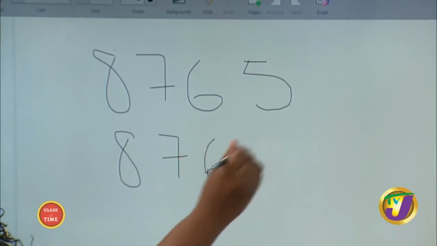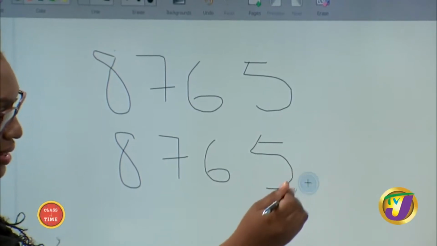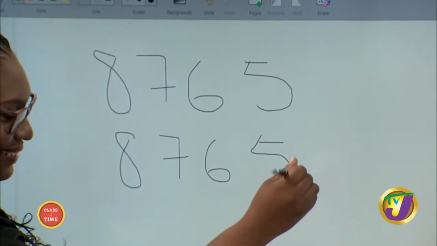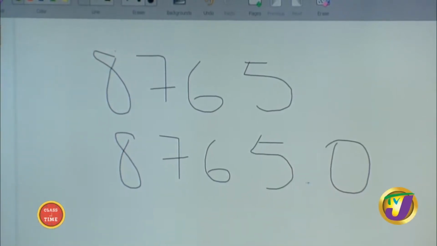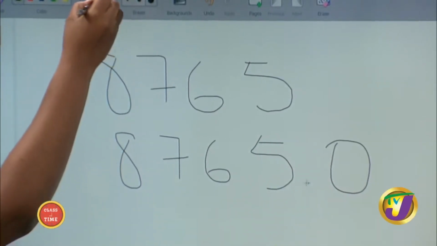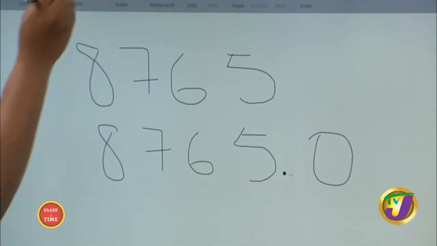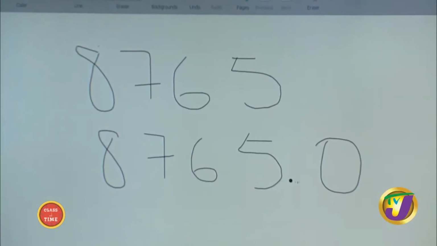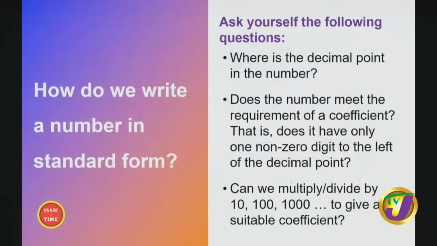My point is right there. It's tiny, but we're seeing it. All right, the next question is, does the number meet the requirement of a coefficient?